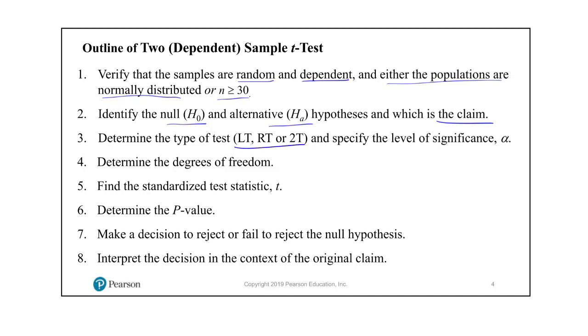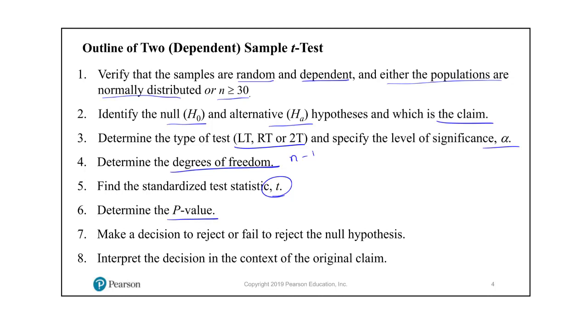Determine whether this is a left tail, right tail, or two tail. Specify the level of significance alpha. The degrees of freedom is just n minus 1. Figure out the standardized test statistic, which can be done by calculation or by technology, and have that lead us to the p-value.